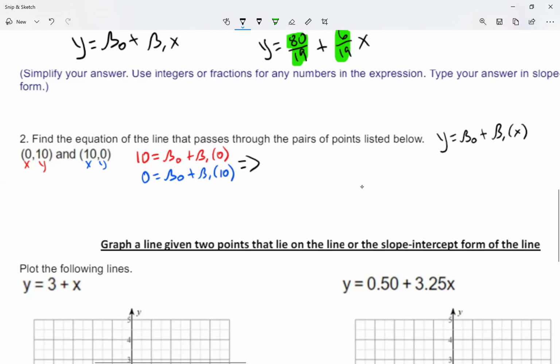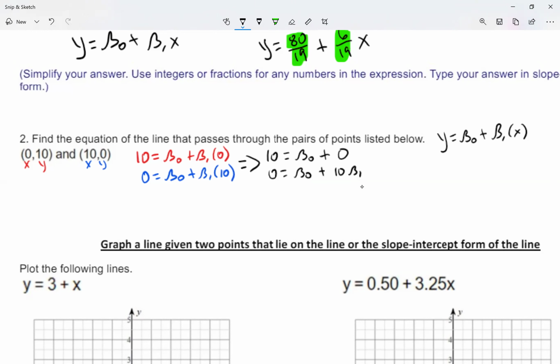Let me simplify my two equations. I have 10 is equal to beta 0 plus nothing, because anything times 0 is 0. Then here I have 0 is equal to beta 0 plus 10 beta 1.